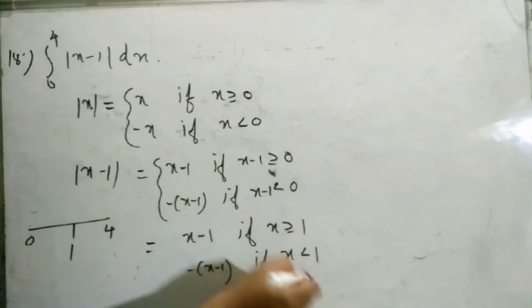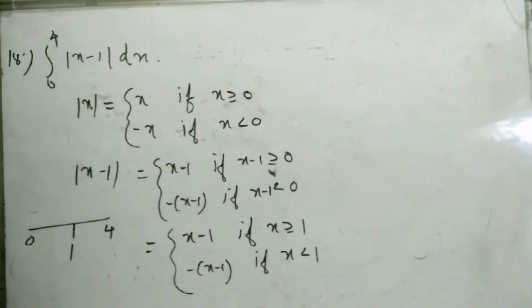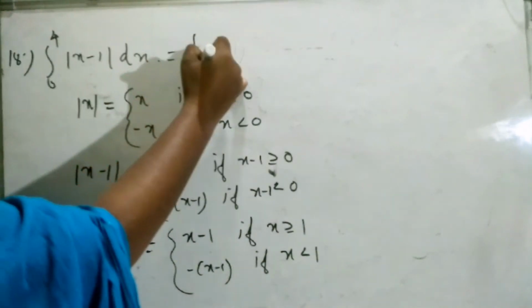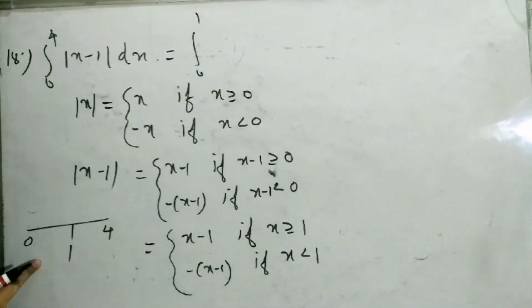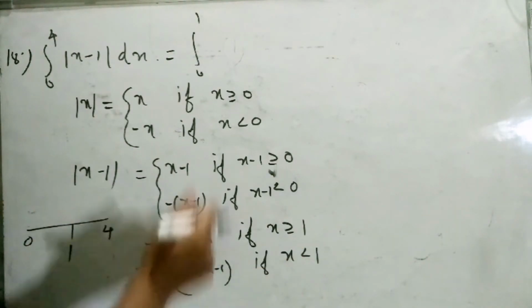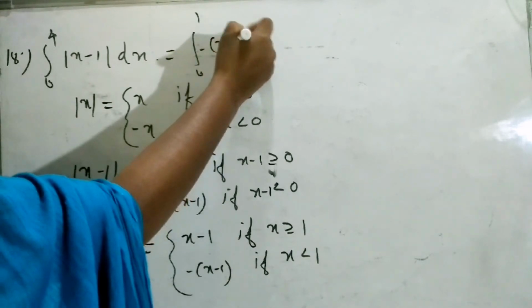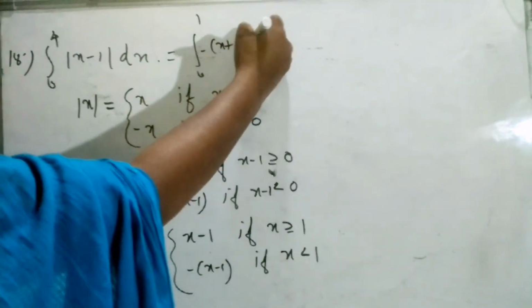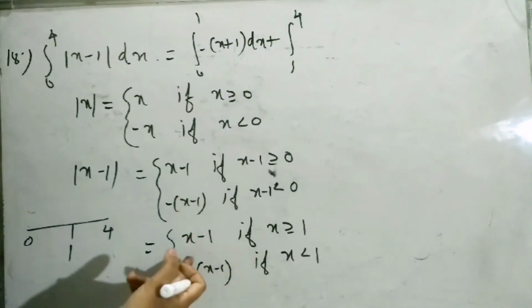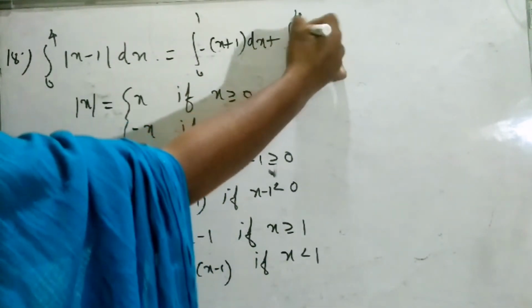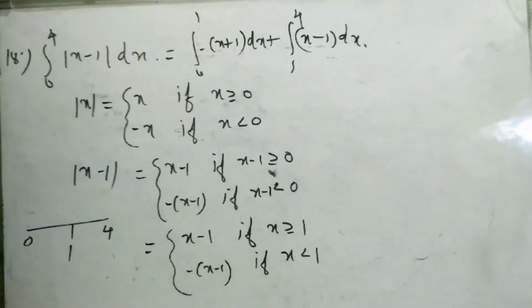So since the splitting point is 1, we will split this integral at 1. This is equal to integral 0 to 1, and 0 to 1 means all the x are less than 1. If x is less than 1, we have minus of x minus 1 as our function, plus integral 1 to 4, which means all the x are greater than 1, so x minus 1 dx.